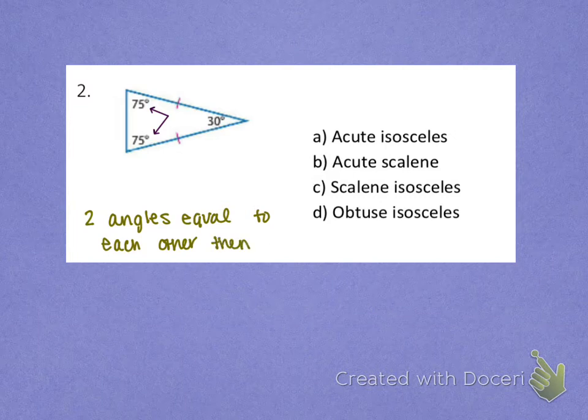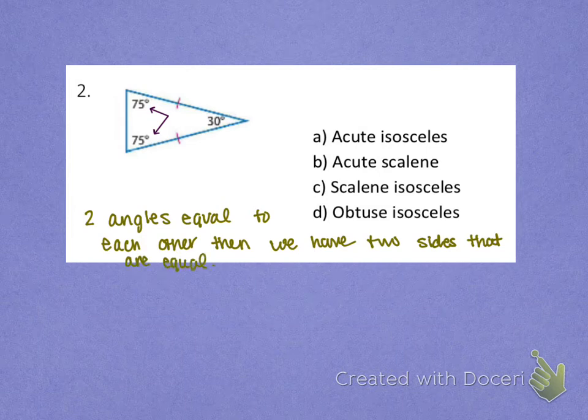Then we have 2 sides that are equal. These are just little notes that you should know that I want to write down. If we have 2 angles that are equal, that means we have 2 sides that are equal. I know we said we were going to start with angles first, but that just spoke out to me when I was looking at that.